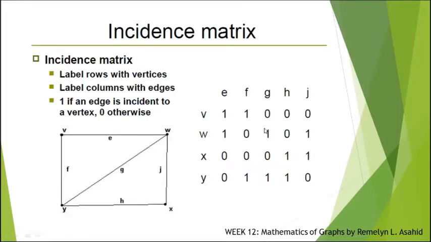So this is your incidence matrix. When you say incidence matrix, you label the rows with vertices and the columns with edges.